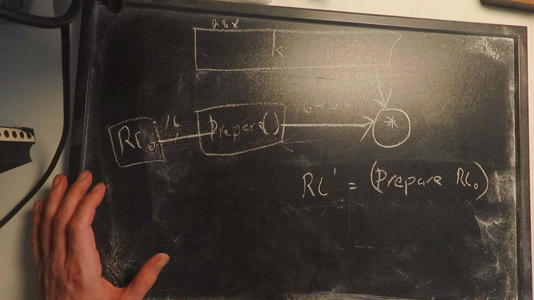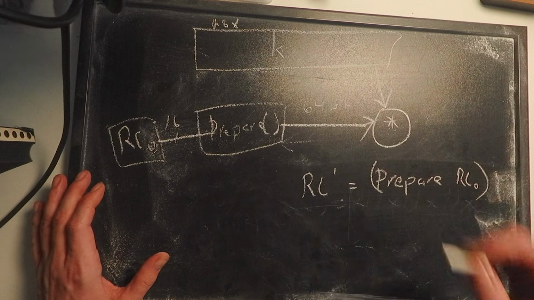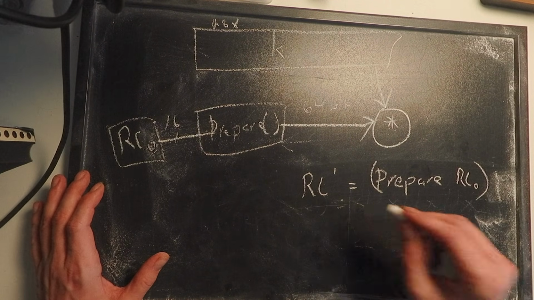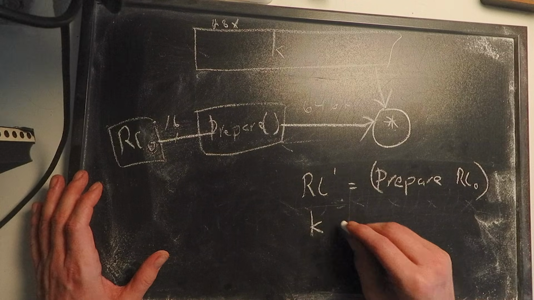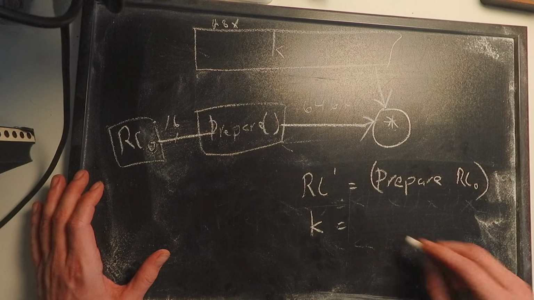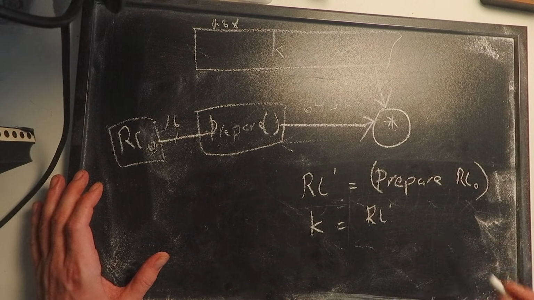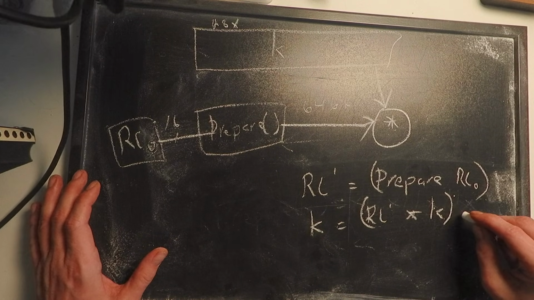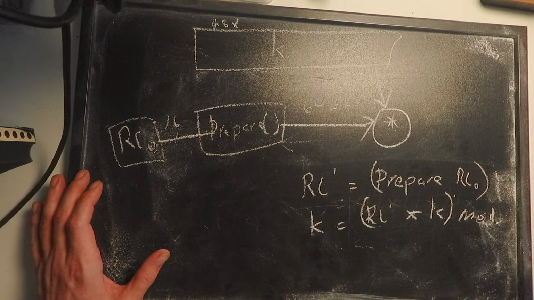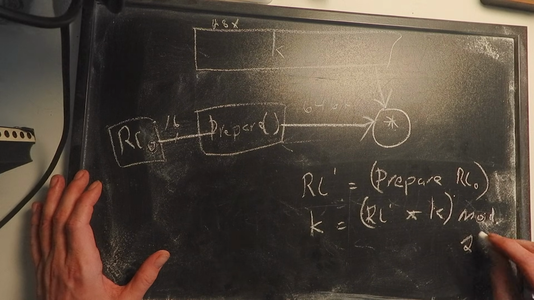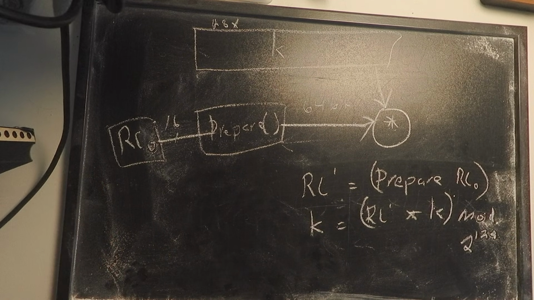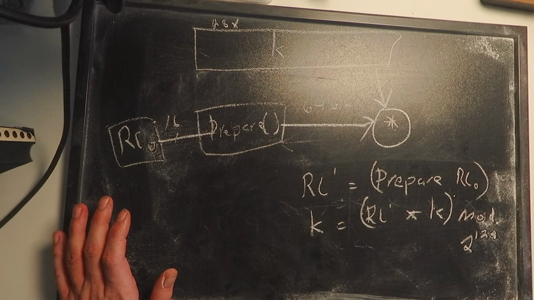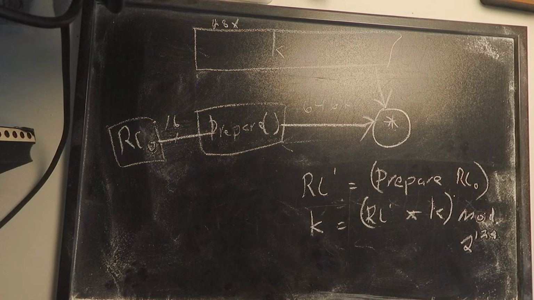So that's this. And the K is going to be equal to the RC prime times K mod 2 to the 128. So it's a 128-bit regular multiplication.